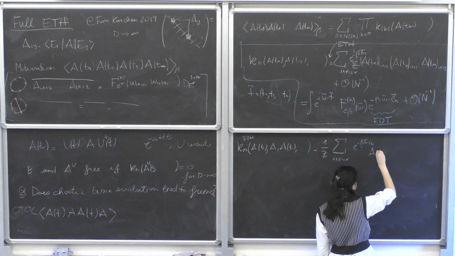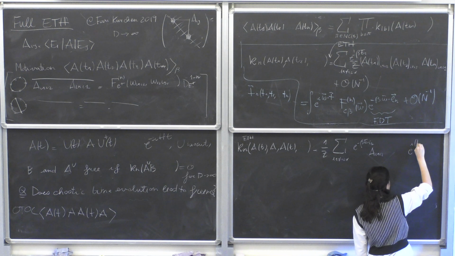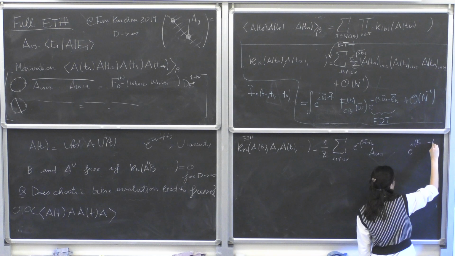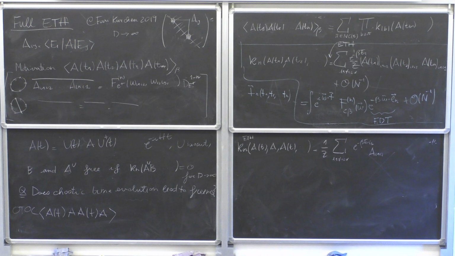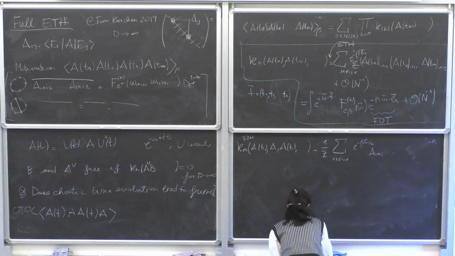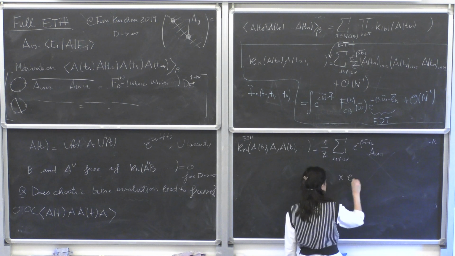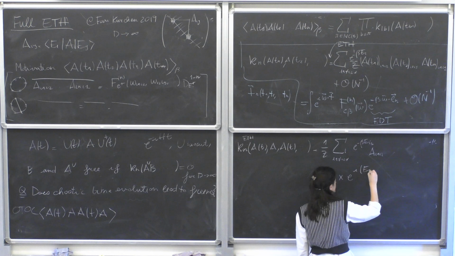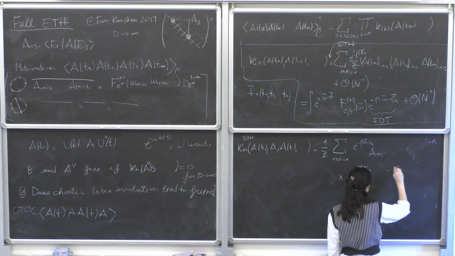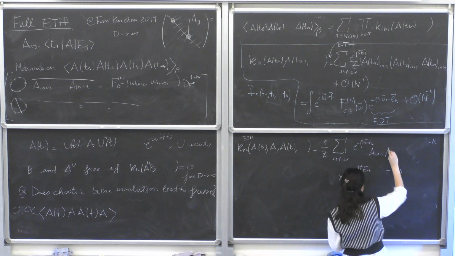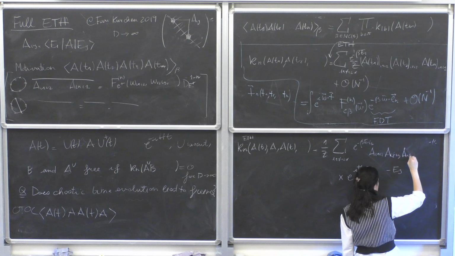So here first I have I1, I2, this is e to the I, E_I, times then you have I2, I3, then you have I3, I4.